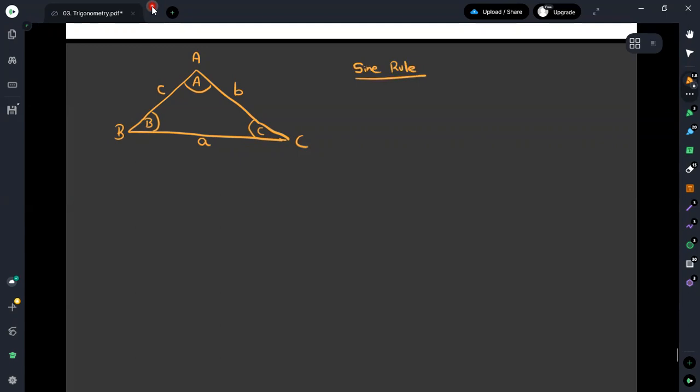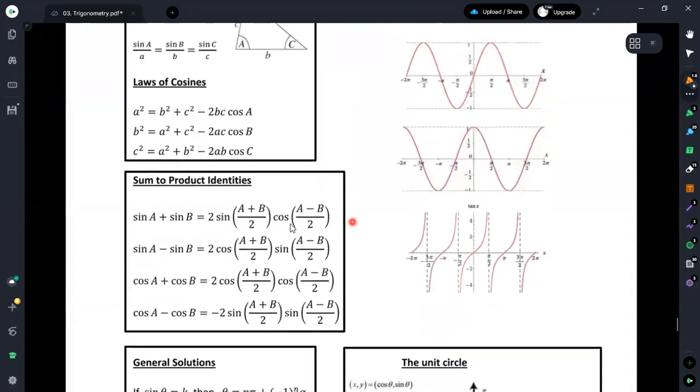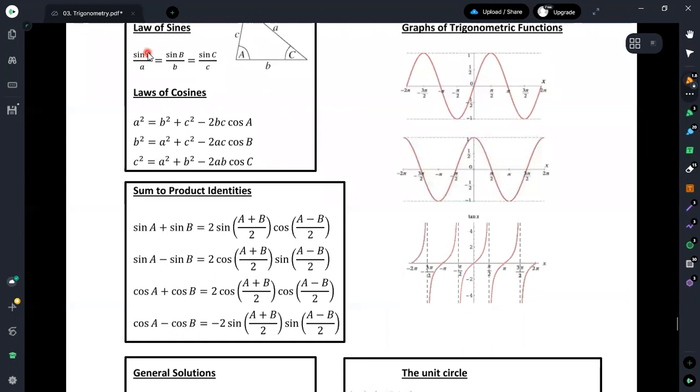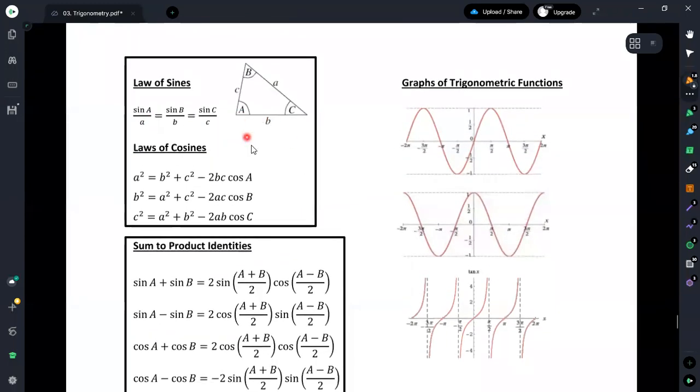Here what we are going to do is take the ratio between the sine value of the given angle divided by the length which is opposite to that angle.